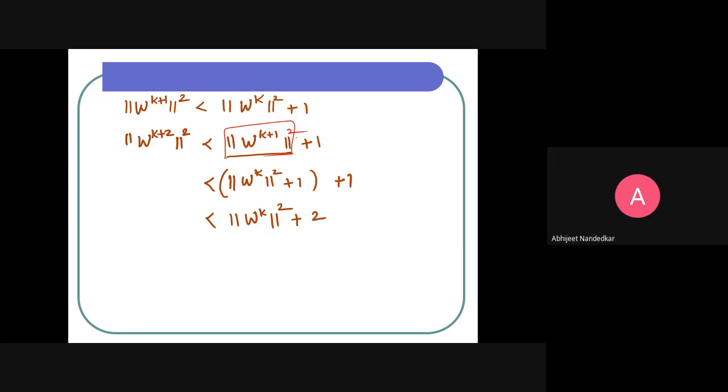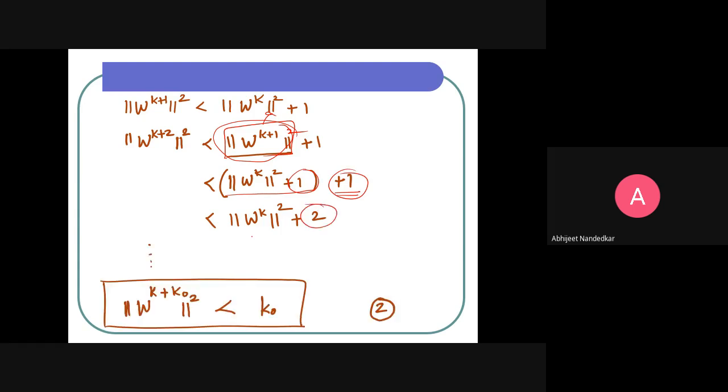Now if I replace this by the previous equation, I can write like this plus 1. So this plus 1 and plus 1 will get plus 2. Now if I do this step k0 times again, which is a big number, I can even skip this step.